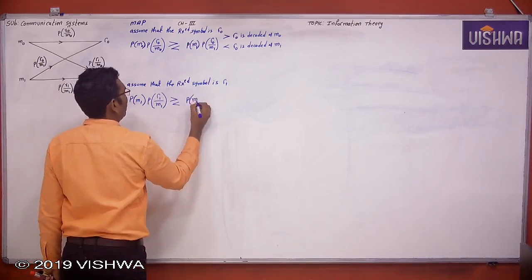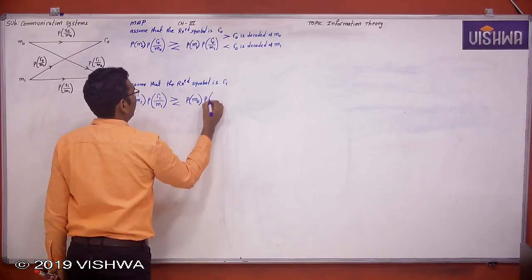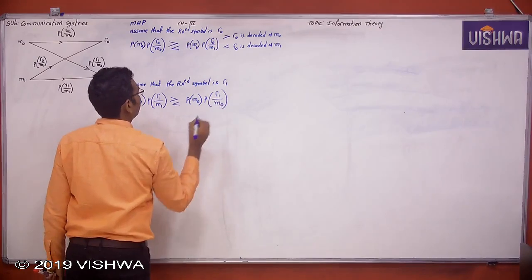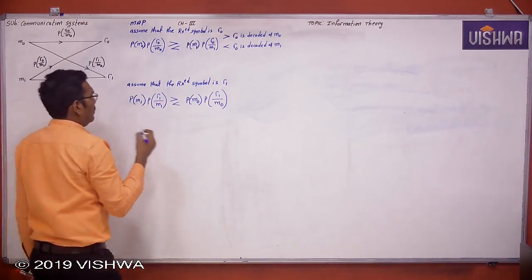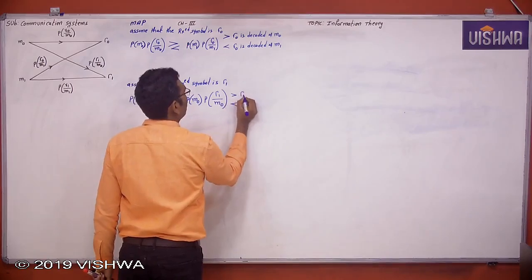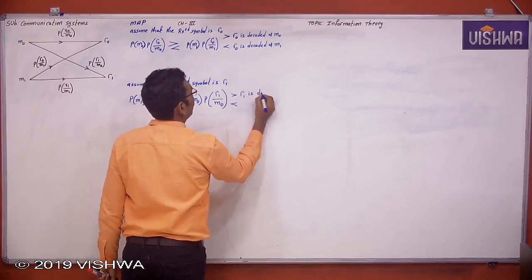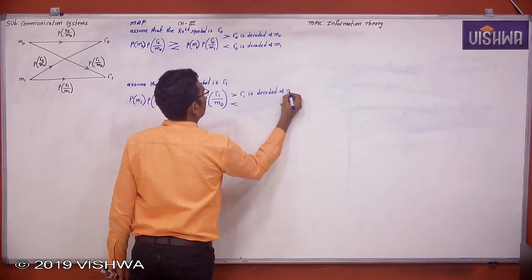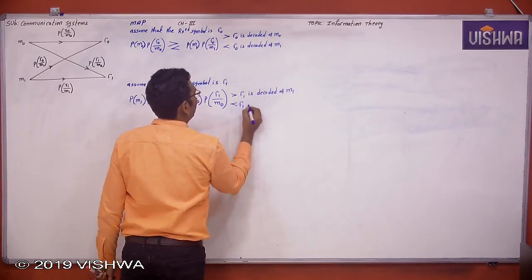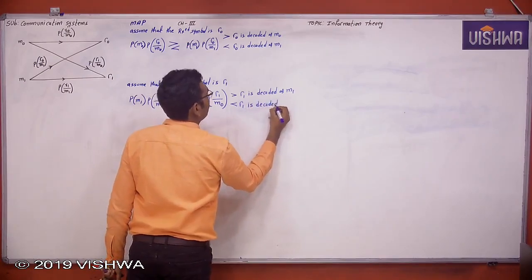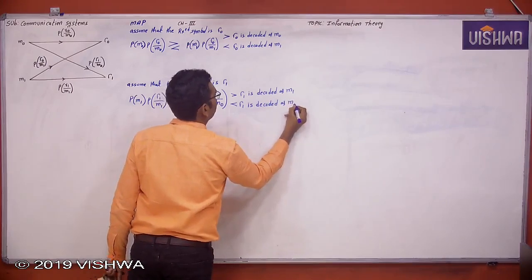Now the probability of the transmitted symbol is M0 and the probability of the received symbol is R1 when the transmitted symbol is M0. That is secondary. Therefore this may be greater than or less than. If it is greater than, R1 is decoded as M1. Otherwise R1 is decoded as M0.